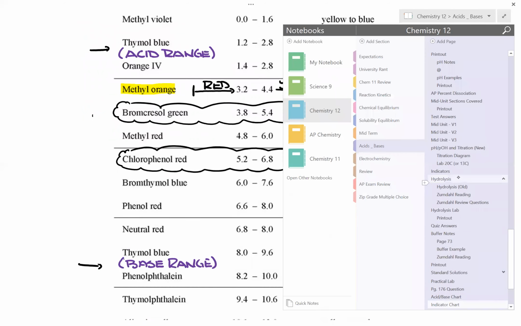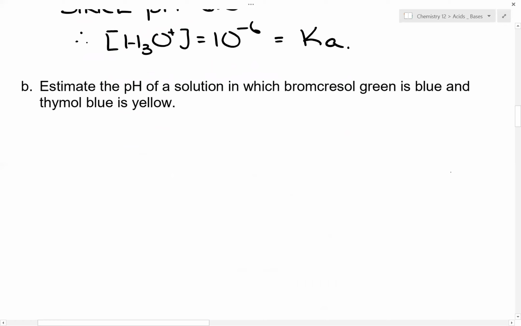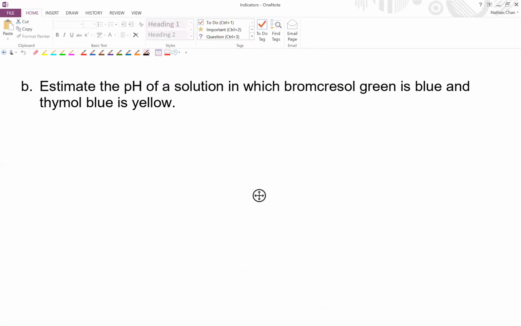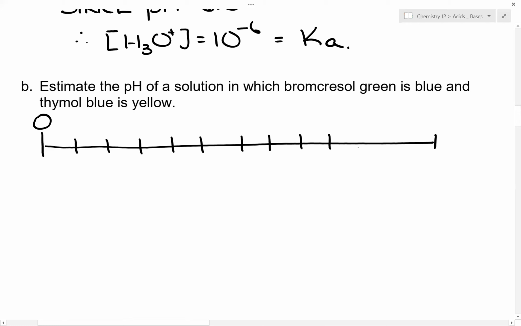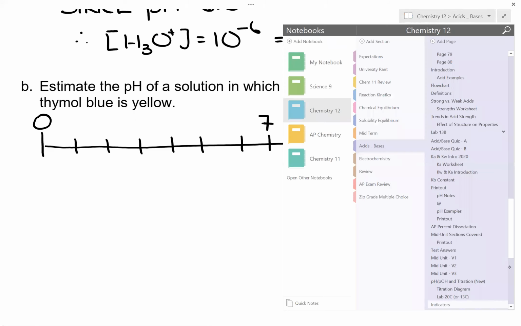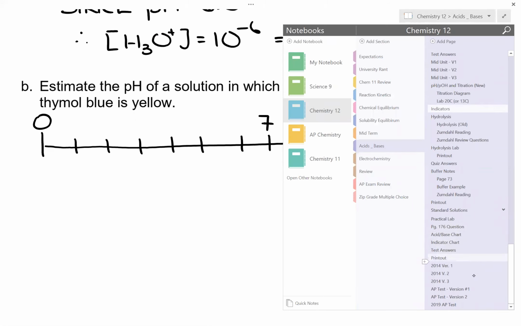There are many different ways of doing this, but I like to do it in sort of a table format. So we have 0, 1, 2, 3, 4, 5, 6, 7, 8, 9, 10, 11, 12, 13, 14. Bromocresol green is blue, so we look for bromocresol green in the indicator chart.